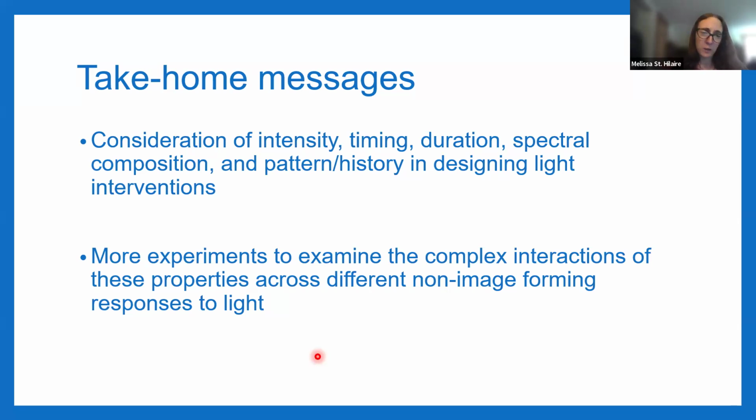We need to consider the spectral composition of course, but also the intensity, timing, and pattern and history of light exposure. And one of the criticisms of a lot of the work, especially coming out of the Brigham and Women's Lab, is that a lot of our participants in a lot of our studies are dim light or dark adapted prior to the light exposure.